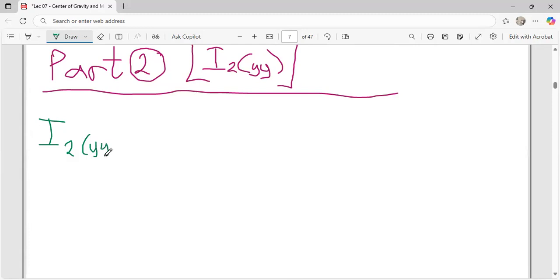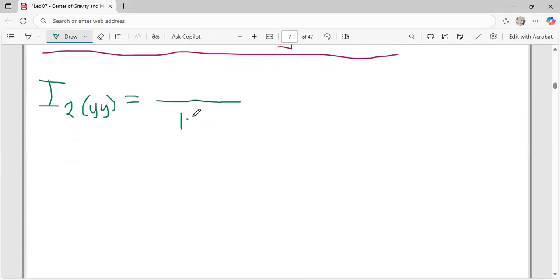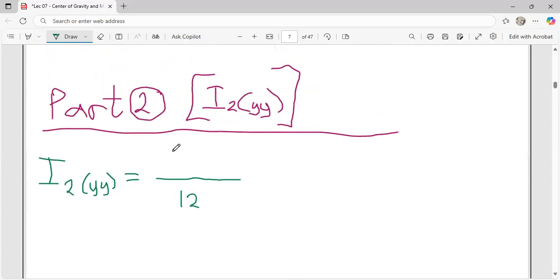So first of all, we have to pull down our formula. Times the area of part 2.